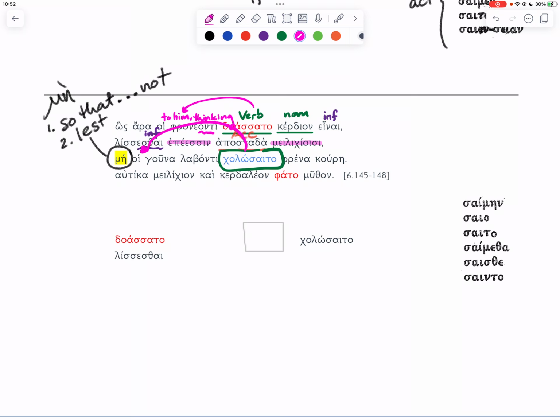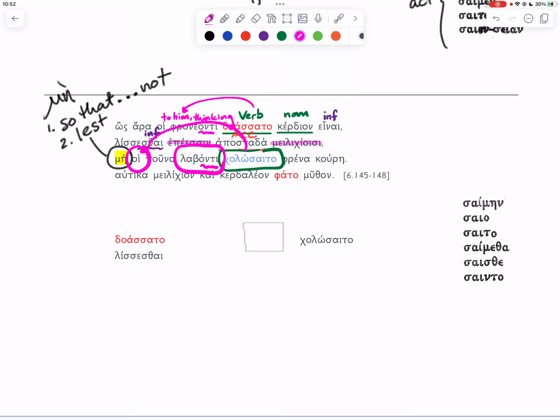At hoi, and again, this is dative, pink. At him as he was doing this, lab onti. You can see this ending, onti. So another participle. Lest she get angry at him as he was grasping her knees, guna.